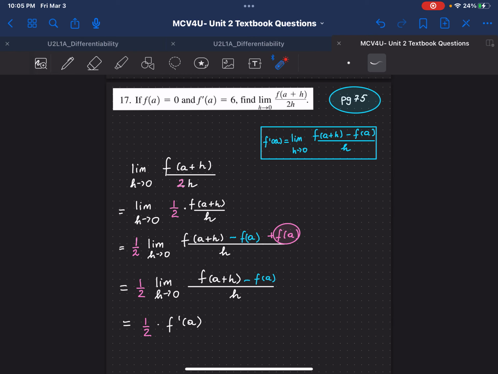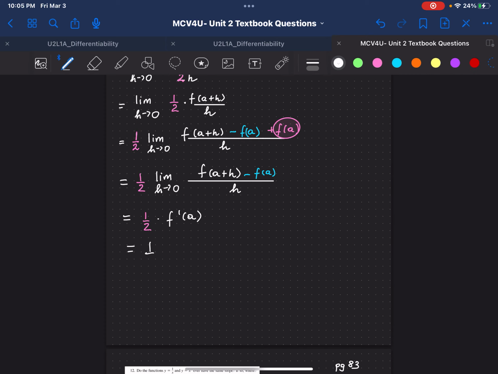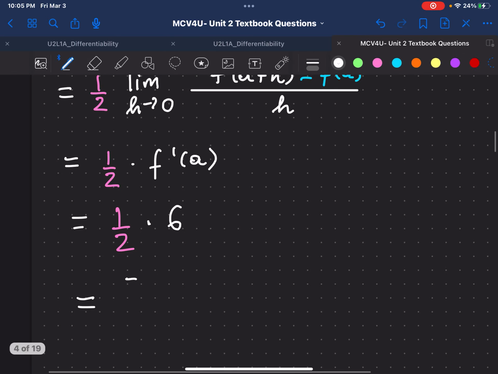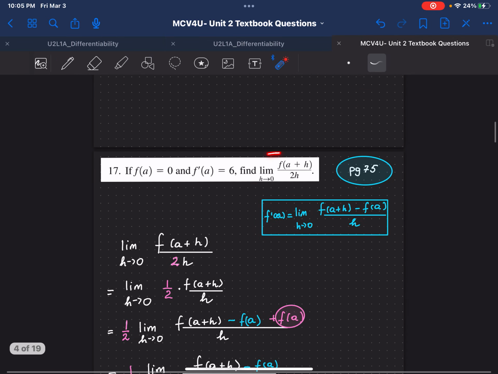We will need now to evaluate the entire expression, but we're missing f prime of a. F prime of a is given to be 6. So that would be equal to 1 over 2 times 6, and obviously this would be equal to simply 3. And we're going to say that the value of this limit is equal to 3.